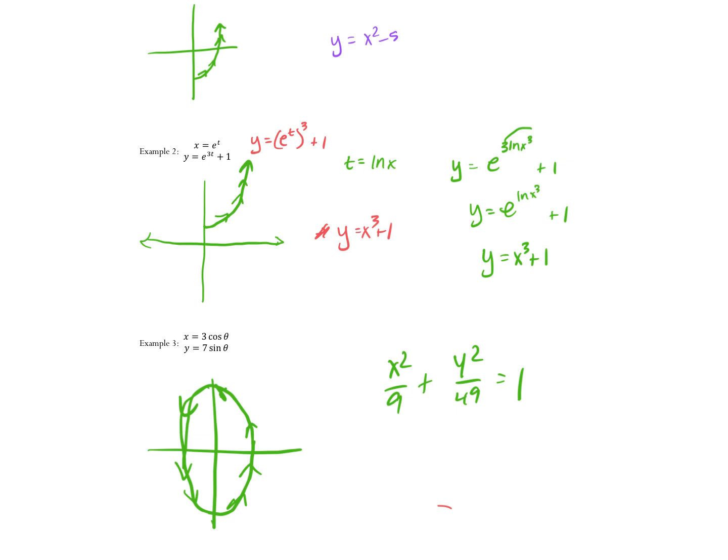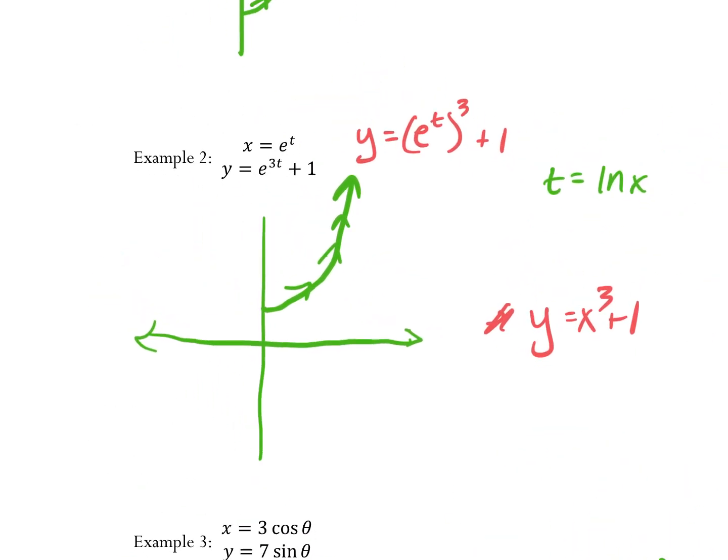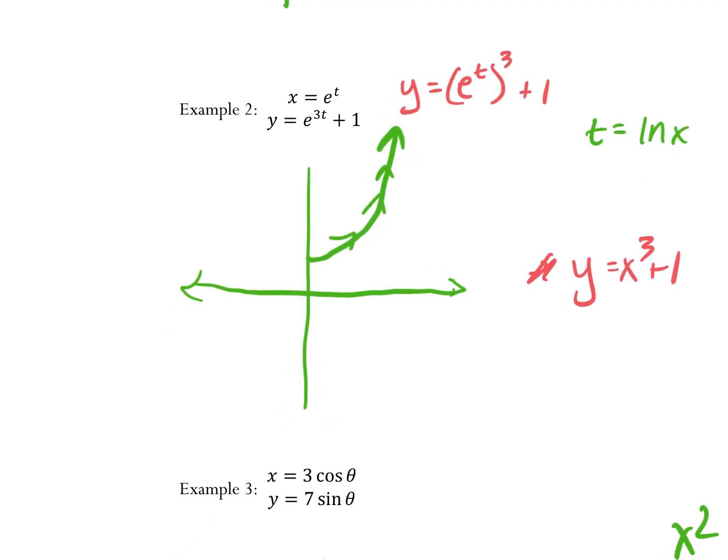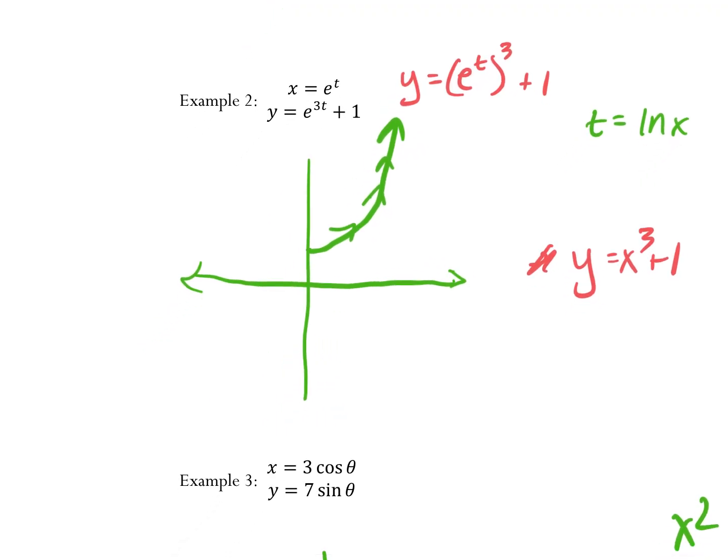Right? So no matter what, this ends up being the graph of y equals x cubed plus 1. So depending on where your bounds are, you wouldn't have gotten the negative side of it, but you could have had from here to here, or just different sections, but you should end up with the same graph no matter what. But just different pieces of the graph depending on which t's got plugged in.